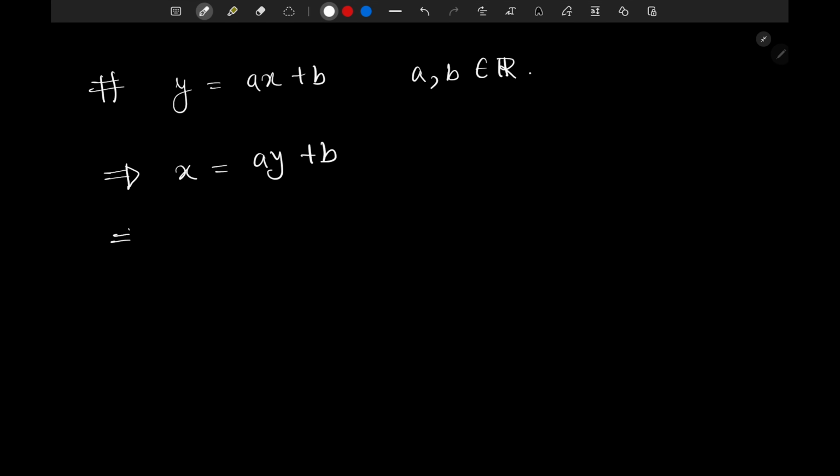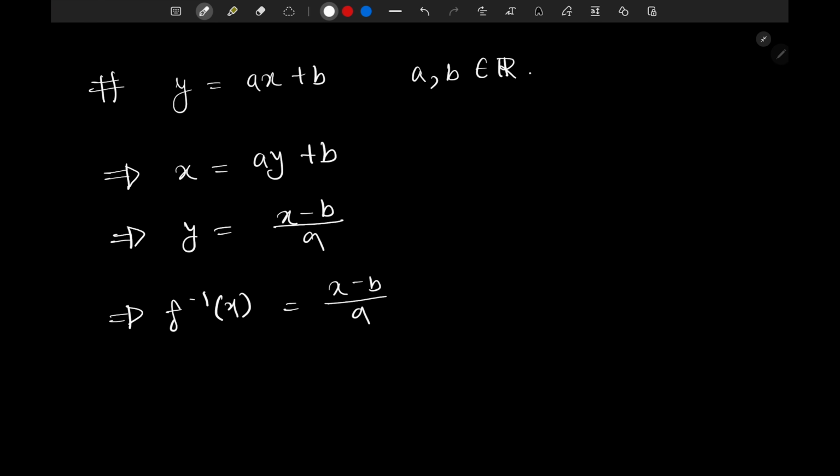And then we want to solve for y in terms of x. So we have y equals x minus b divided by a. Now we want to call y as f inverse of x, and x minus b divided by a. So I'm claiming that this is my inverse function.